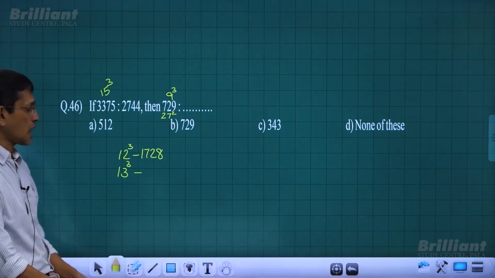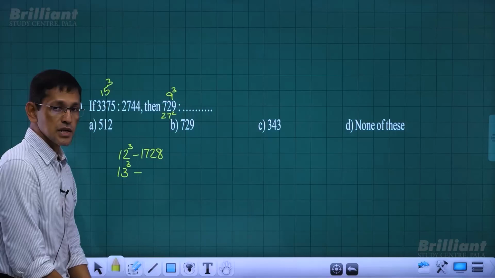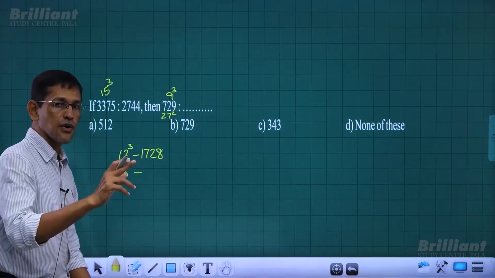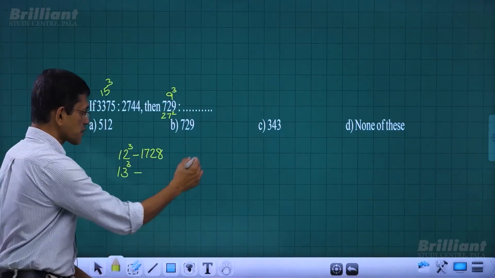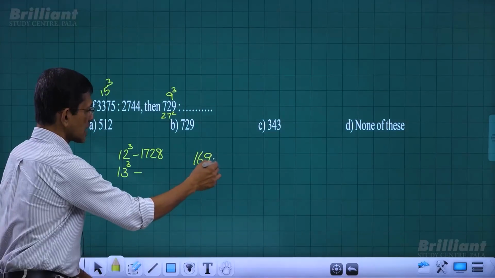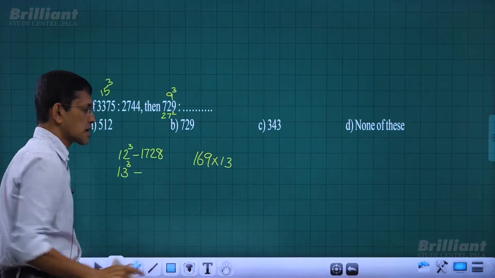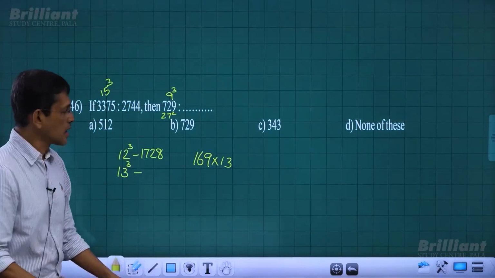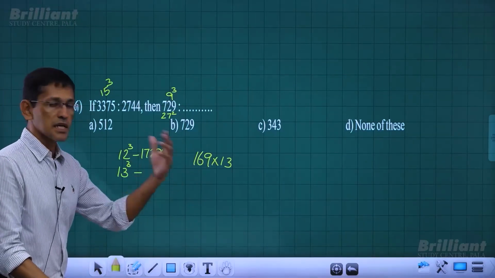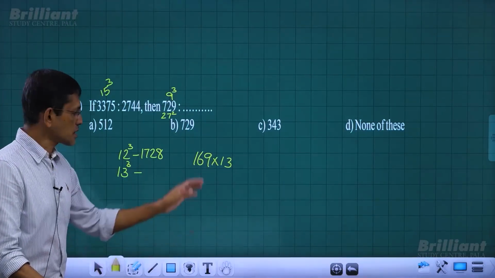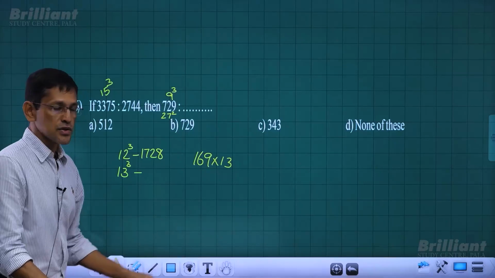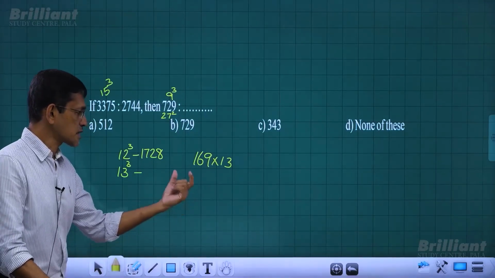If you are not sure what 13 cube is, you can find it by mental calculation. How do you find it? 13 cube is 13 square into 13. 13 square is 169. 169 into 13. What's the best way to multiply it? Take that 169 as 170. 170 into 13.